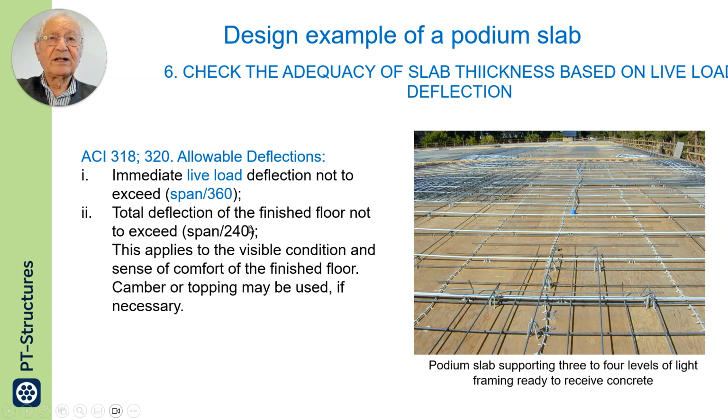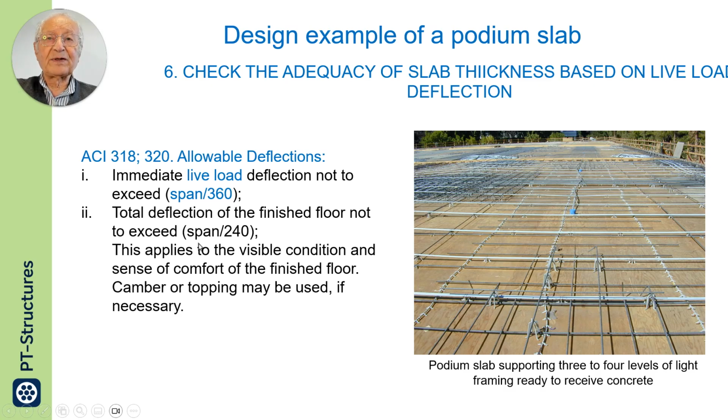Total deflection of finished floor shall not exceed this. That is not for live load. This is just a total deflection. This is another requirement, but this applies to the visible condition and sense of comfort.